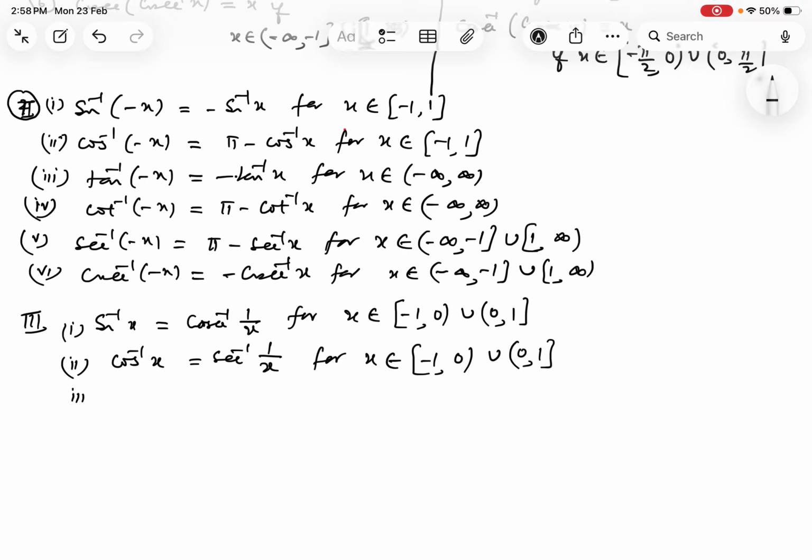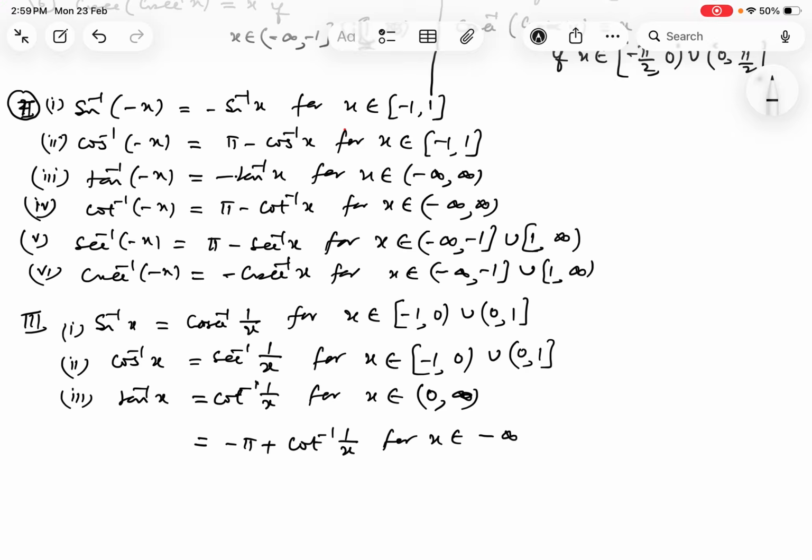Third result is tan inverse x is always equal to cot inverse 1 by x for x belonging to 0 to infinity, for positive real numbers, and it is equal to minus pi plus cot inverse 1 by x if x belongs to minus infinity to 0, for negative real numbers.